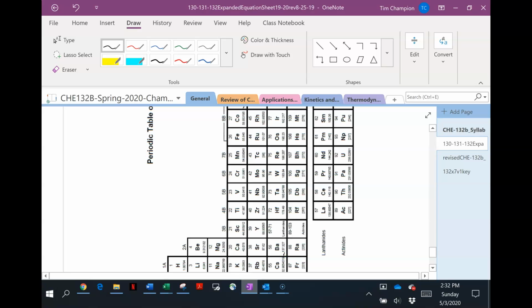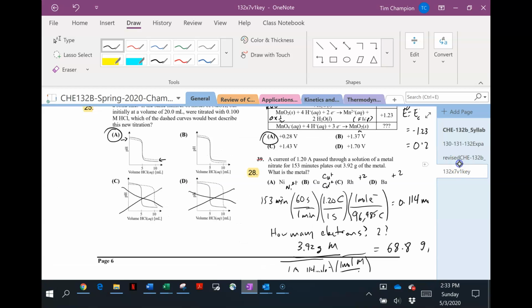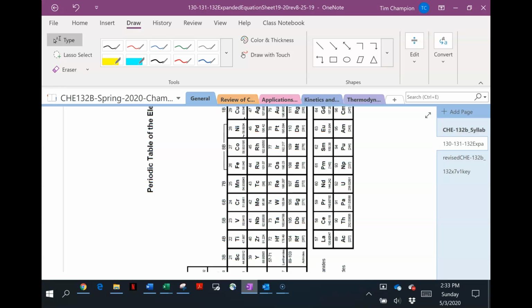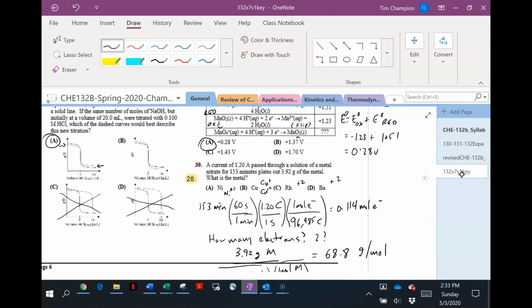And what was the other one? Was it ruthenium? Go back and look. Rhodium. So let's look here at rhodium. Rhodium is right here at 102. Okay, so that's looking closest to copper, but actually, looking at the answer, it is rhodium.